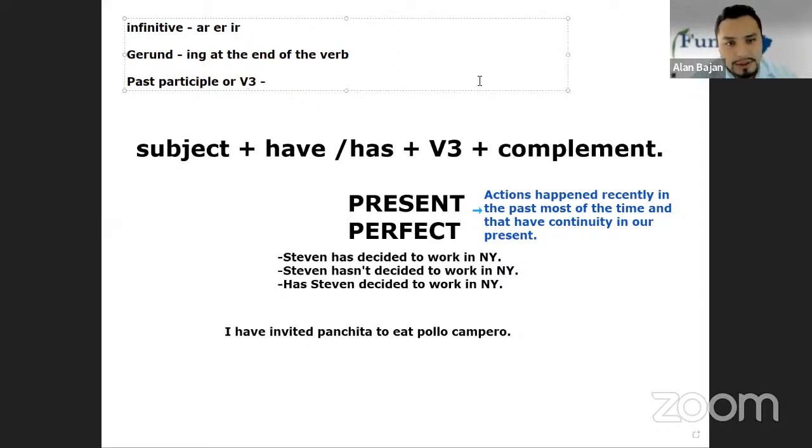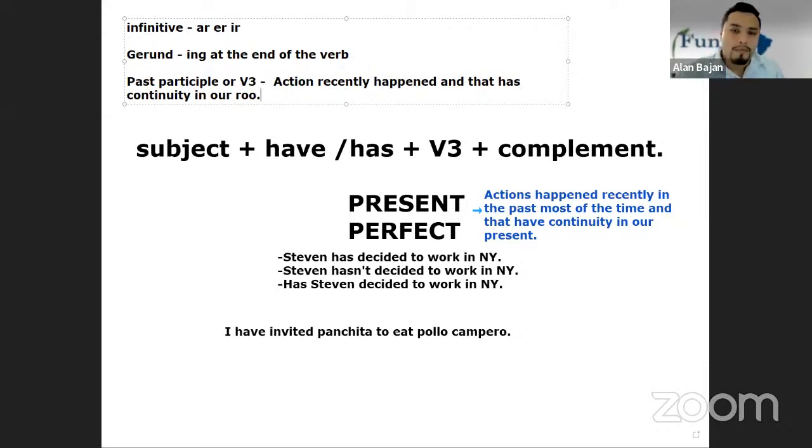So this is an action that recently happened and that has continuity in our room, or in our life.